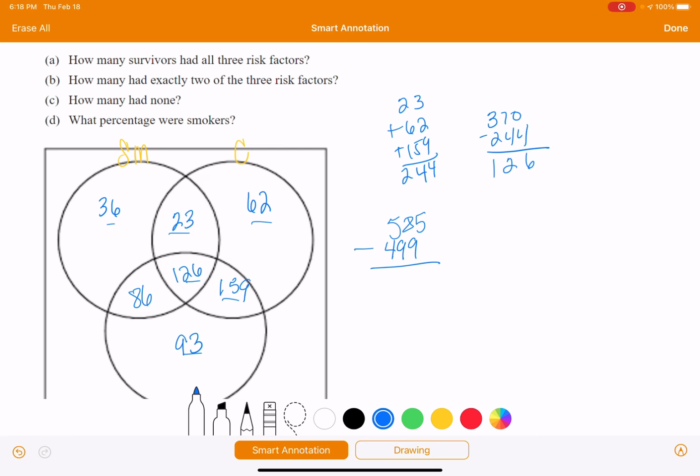So now we have 690, which was our total people surveyed, minus that 585 with at least one, which means all the people that we have total, and we get 105, which leaves us here.